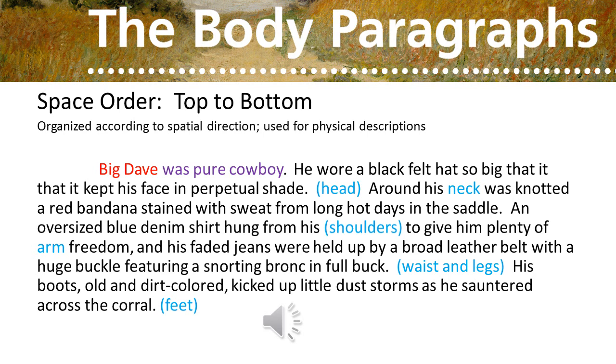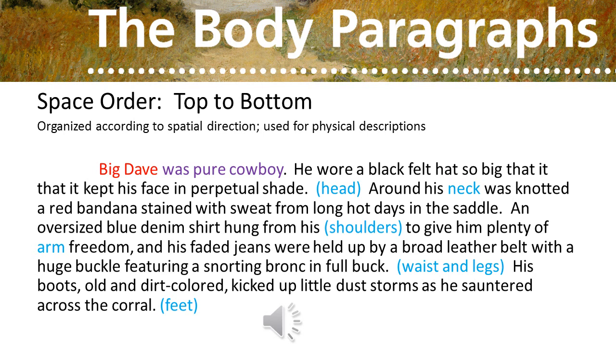And his faded jeans were held up by a broad leather belt with a huge belt buckle featuring a snorting bronc in full buck, which covers the waist with the belt and the legs with the jeans. His boots, old and dirt-covered, kicked up little dust storms as he sauntered across the corral.